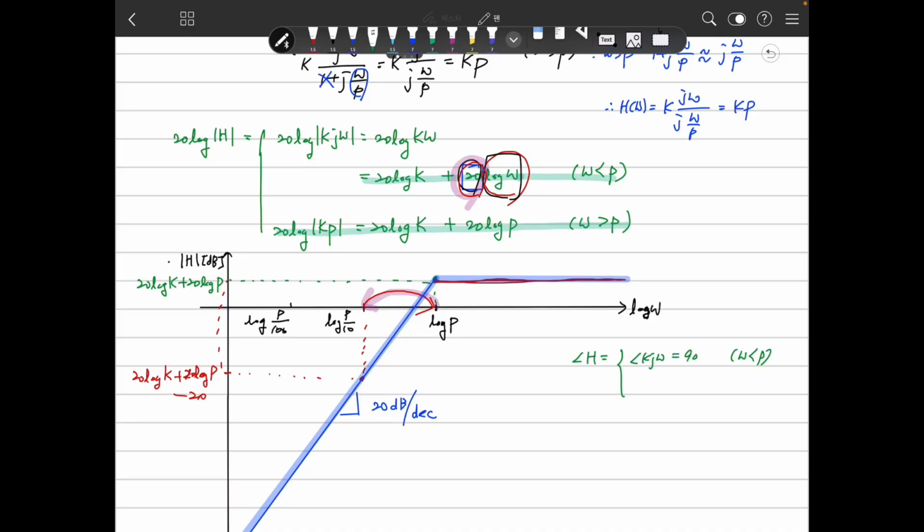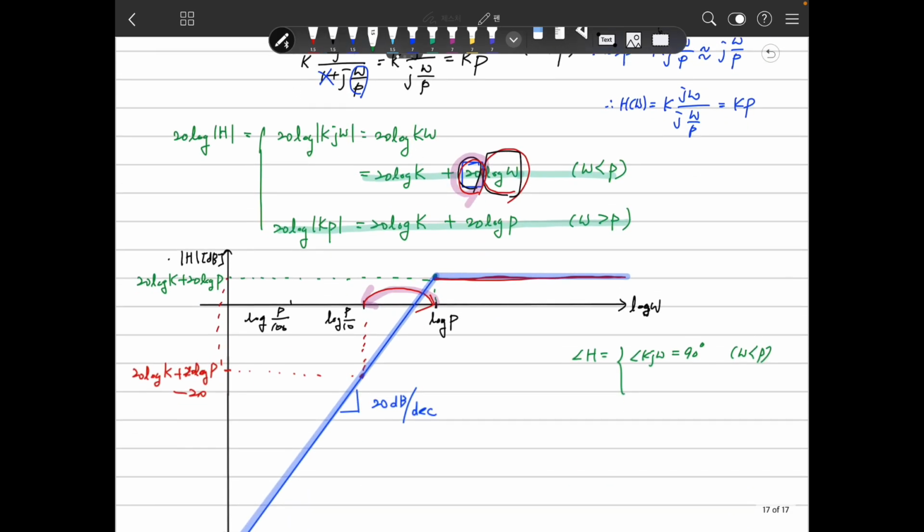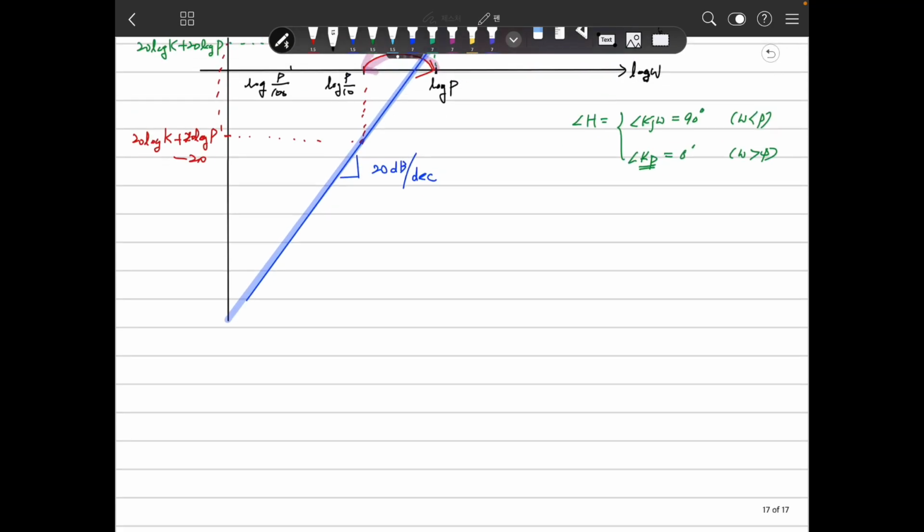What's the meaning of that? That is 90 degrees. Right? And in this K over p, when omega is larger than p, this is a constant, a real number, so it's 0 degrees. So what happened here? We also draw the line here.